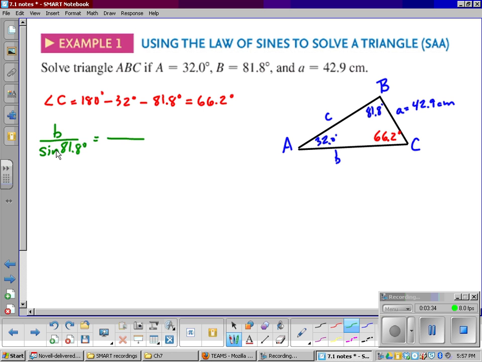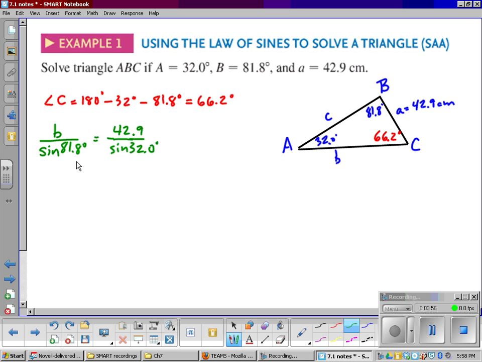And since I have side to sine angle, I need side 42.9 for side A is to sine of angle A. And angle A is given as 32.0 degrees.